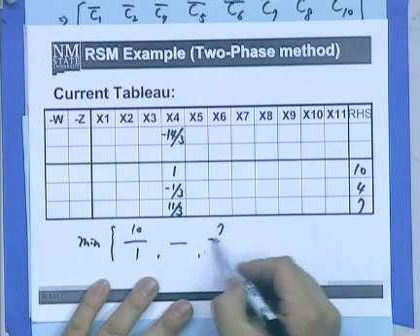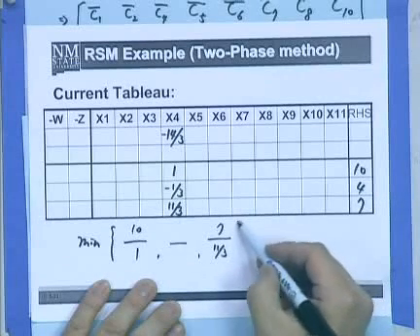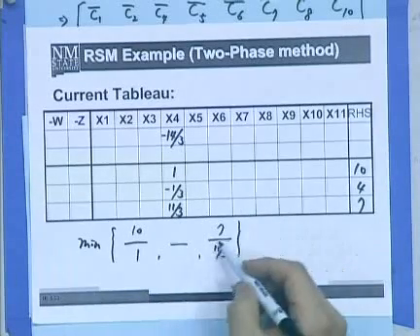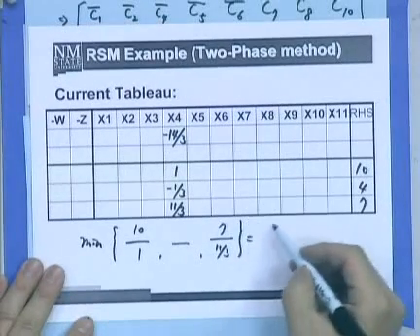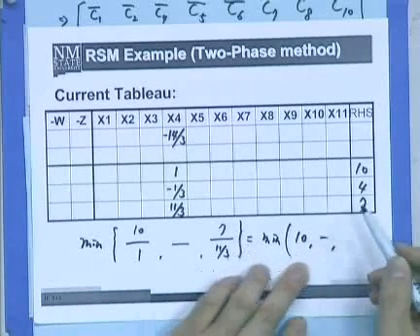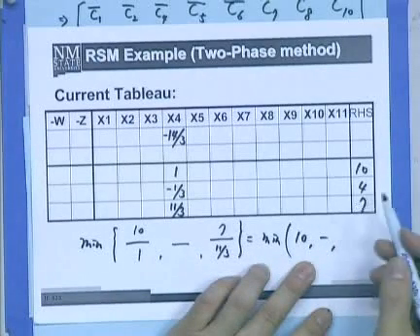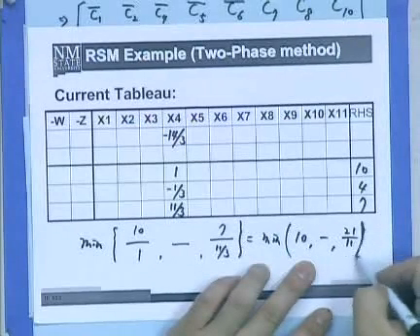The third ratio is 7 over 11/3, right? So it should be 21 over 11, right?